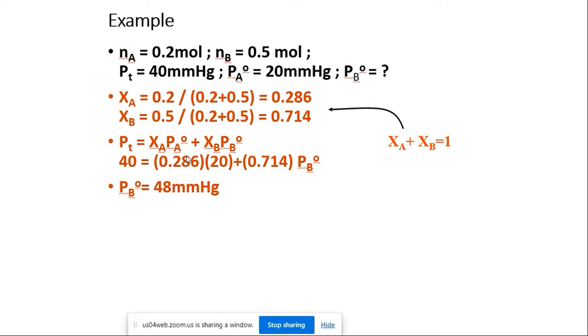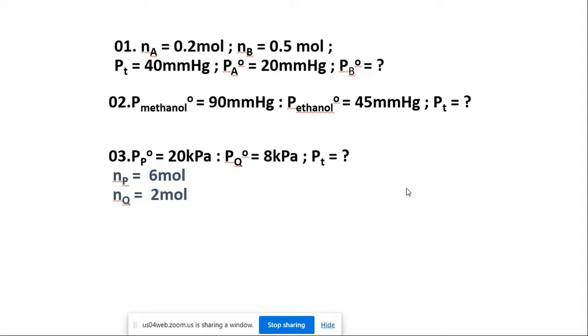XA plus XB totals 1. Then if you put that into PT, PT equals XA PA naught plus XB PB naught. PT is 40, XA is 0.286 times 20 plus XB is 0.714 times PB naught, right? Then it seems PB naught is 48. So this is about Raoult's law.